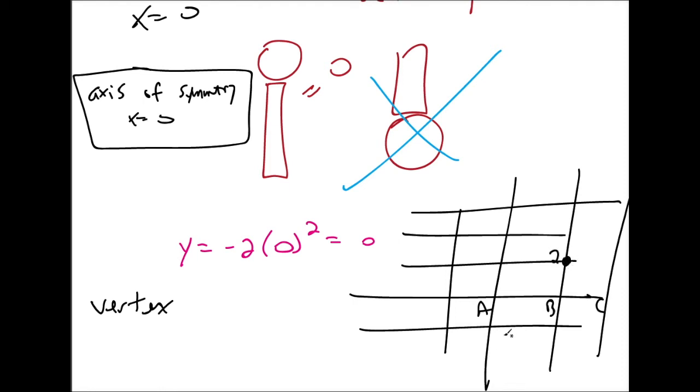What would you have to call out in order to sink this ship that's right here? B2. You can't just say B because there's many different options. You have to say B2. So a coordinate is an exact location to sink a battleship. So the vertex is an exact location.